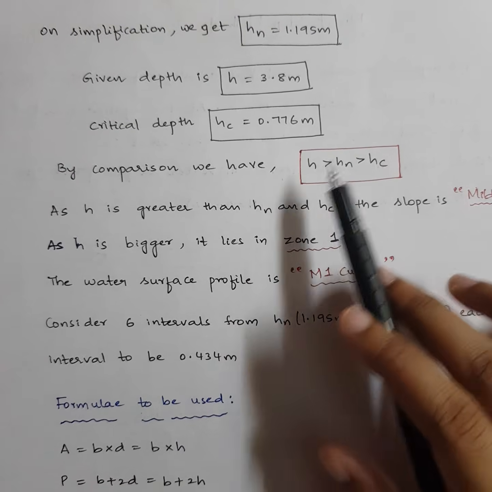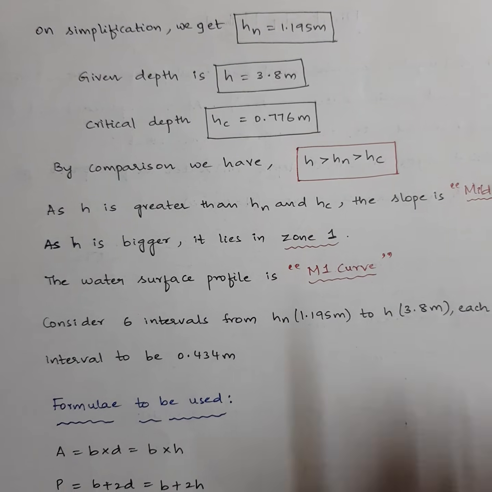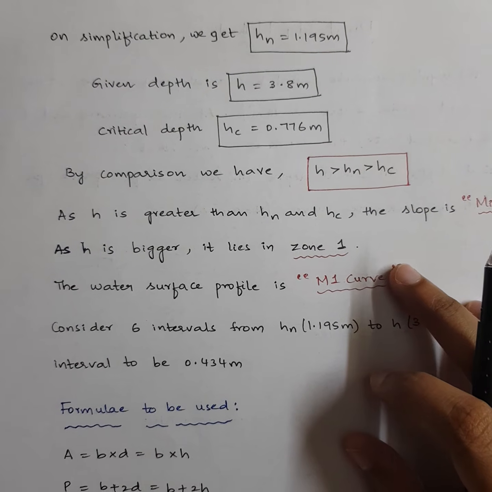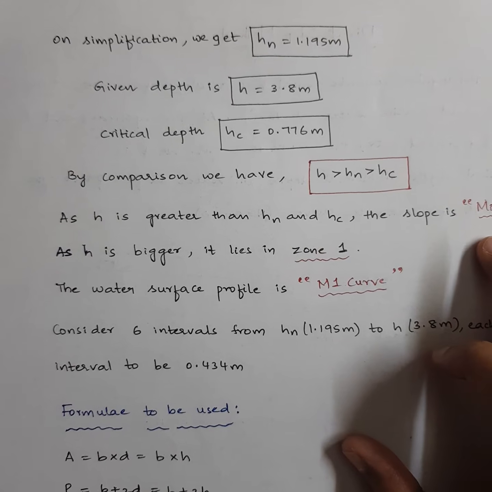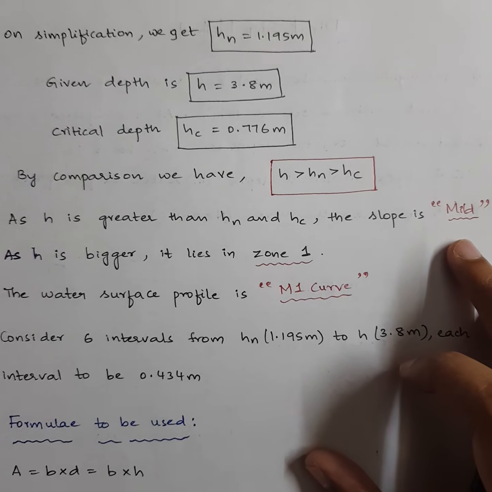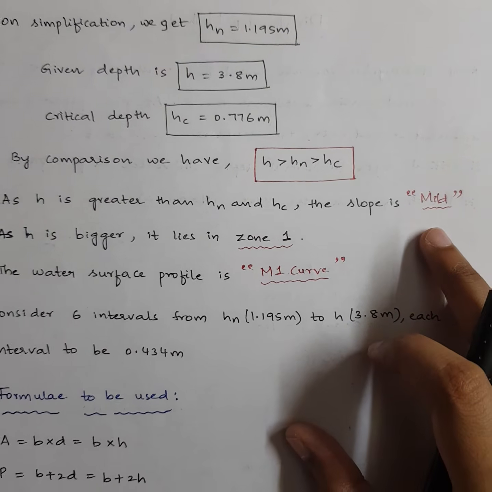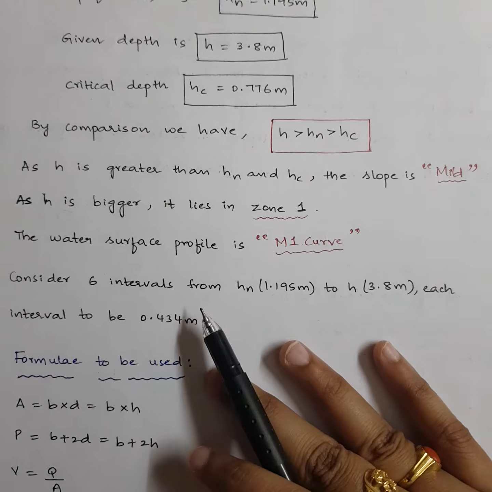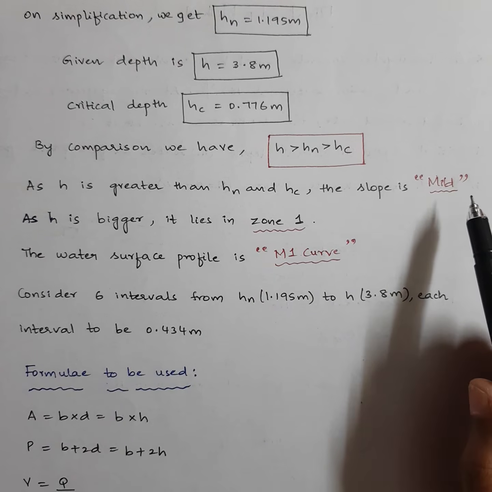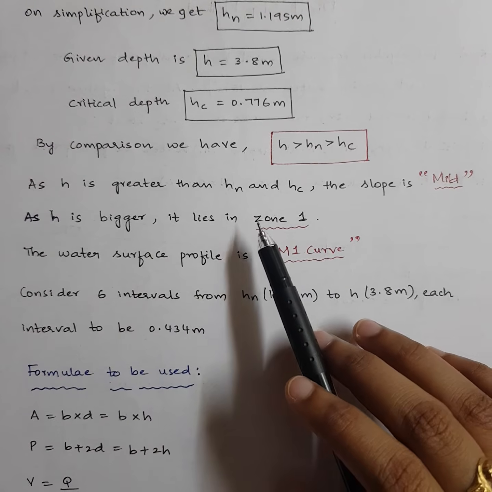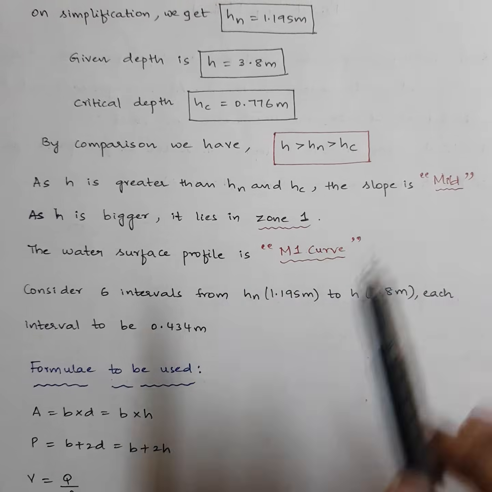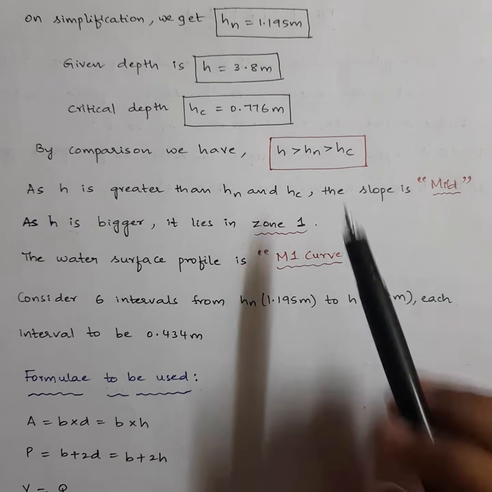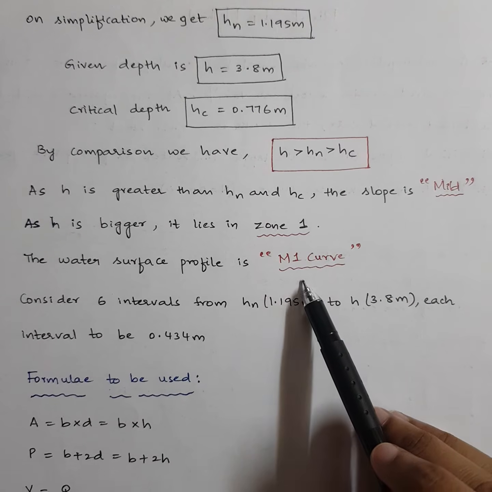And this relation is for which type of slope? It is a mild slope. Okay, the slope is mild. We generally have 5 types of slopes. According to that, we have the relations of h, hn and hc, and the slope is the mild slope. And also h is bigger than the other two values, hn and hc, so it lies in zone 1, and hence the water surface profile from these three is an M1 curve.